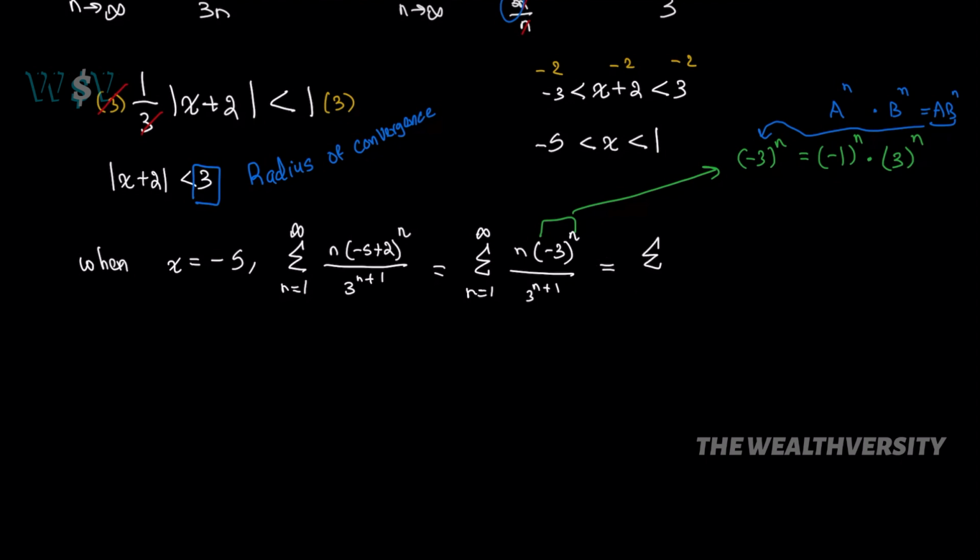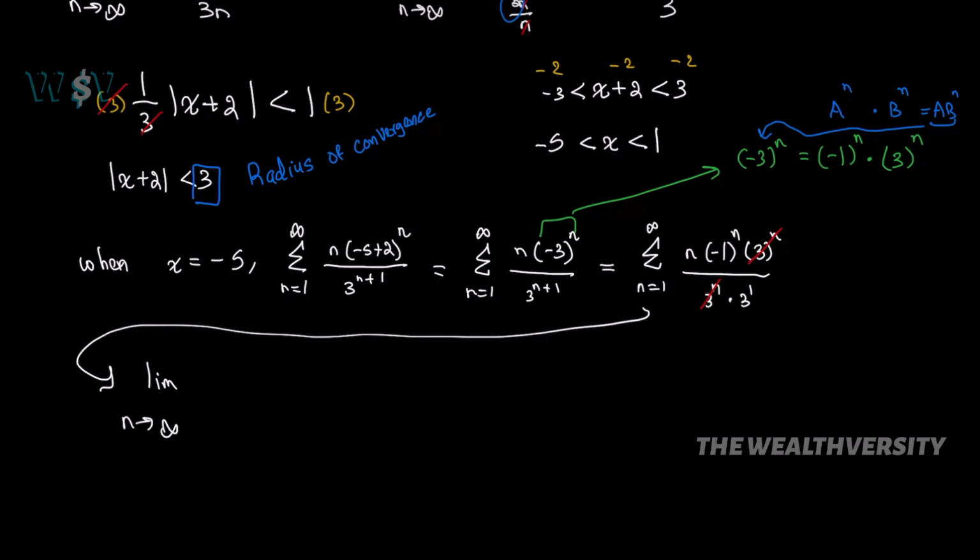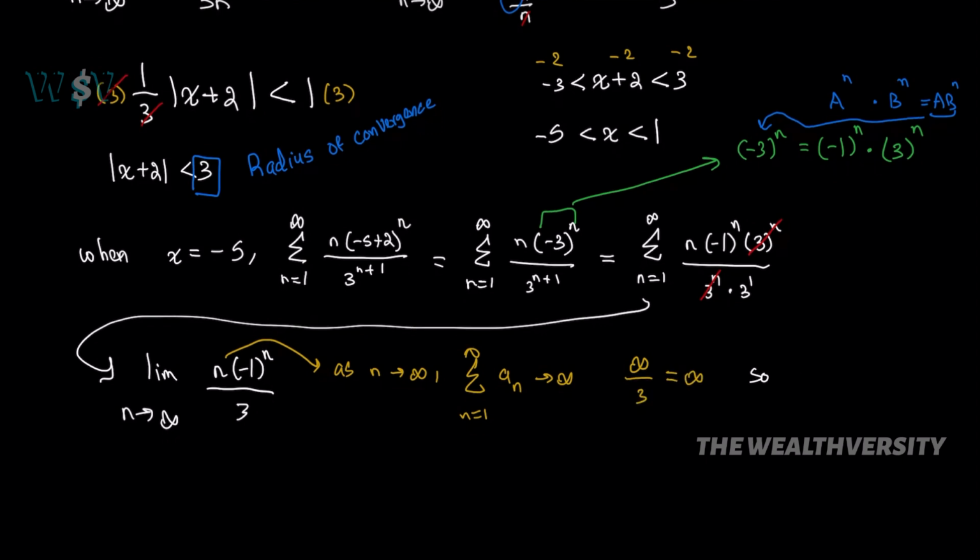This way we can cancel 3^n, and we evaluate the limit as n approaches infinity of n times (negative 1)^n divided by 3. And as n grows larger, we will have a very huge number over 3, which does not approach a finite value, but approaches infinity, so it's divergent, which means the series does not converge at x equals negative 5.